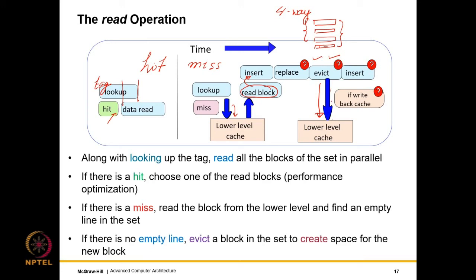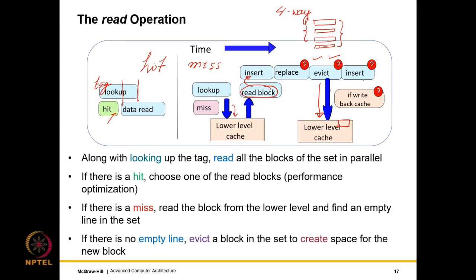However, if it hasn't been modified, there is no need to write it because there is a copy at the lower level cache. Since the copies are guaranteed to be the same because there has been no write at the upper level, we need not do a write.